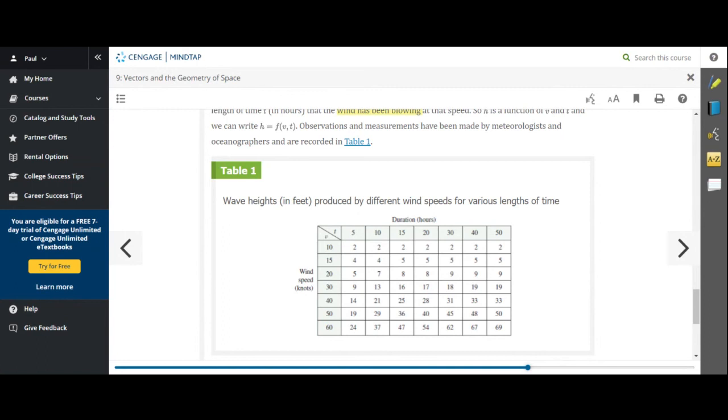You can see that if you hold the time of the wind constant, say the wind lasted 5 hours, and then increase the wind speed from 10 to 15 to 20 to 30 to 40 knots and so forth, what happens to the wave heights? Do they go up or down?